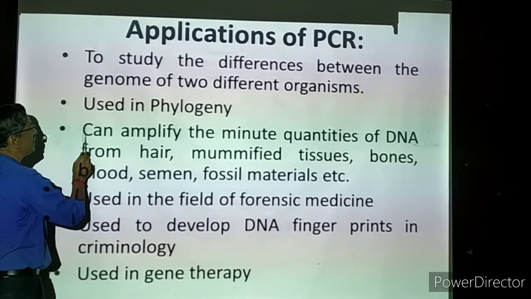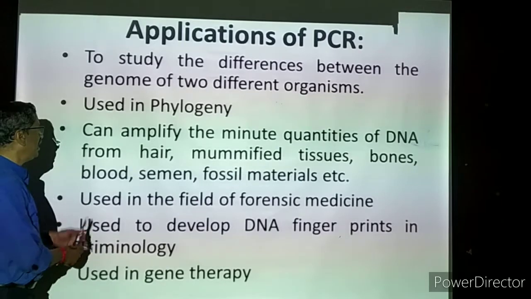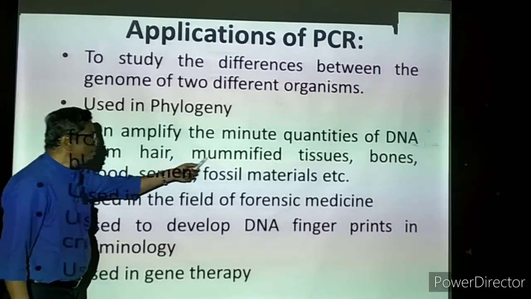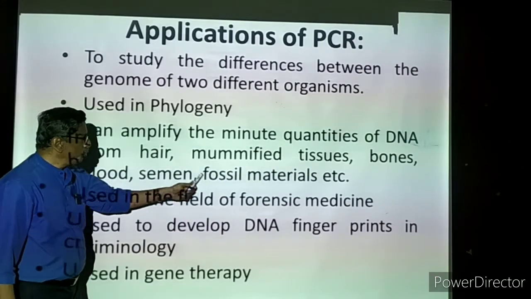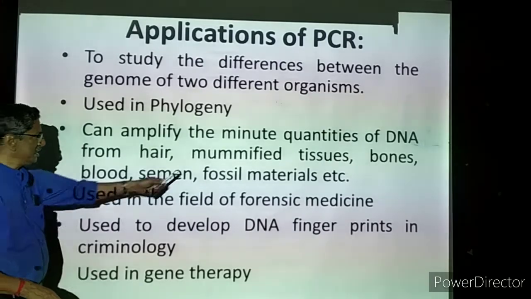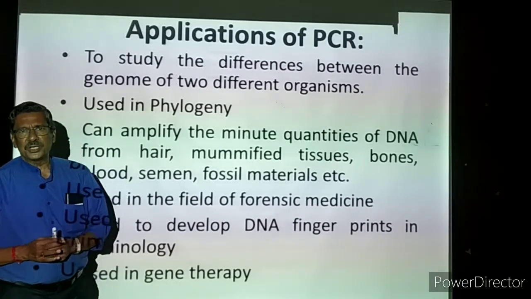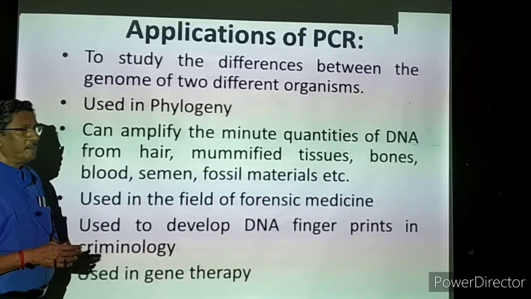PCR can amplify minute quantities of DNA from hair, mummified tissues, bones, blood, semen, fossil materials, etc. For example, fossils: one particular species of animals lived in the past, but they are not living now.